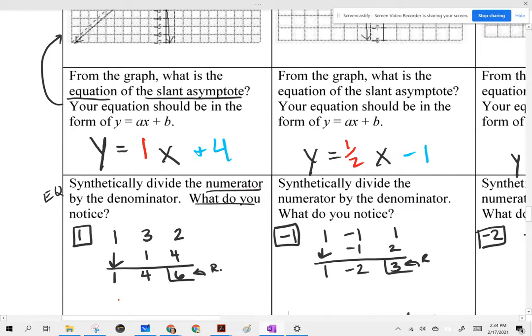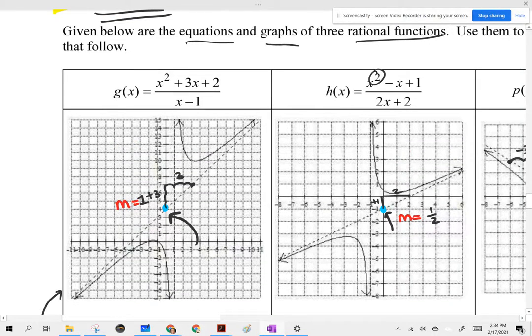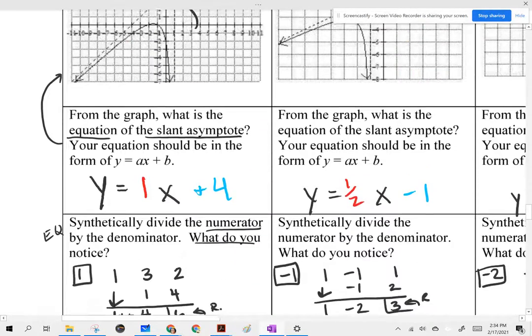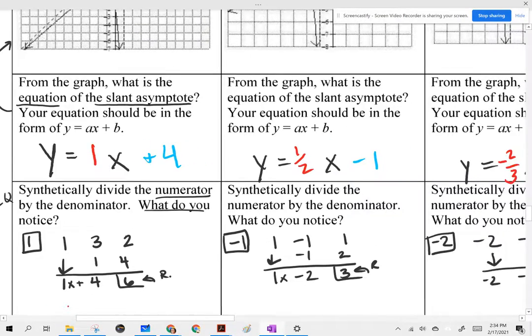All right, so it says, what do you notice? I notice that my quotient is 1x plus 4 and my remainder is 6. Remember your synthetic division, right? We're starting with x squared, so when we synthetically divide, this is an x, and then that's my remainder.